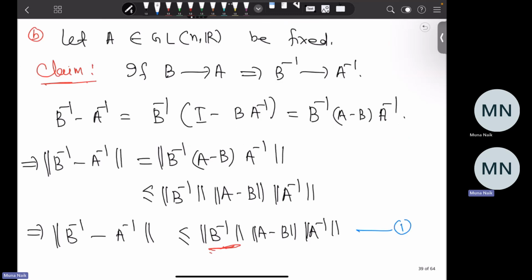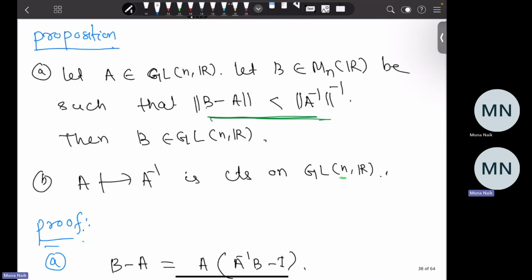In this case, if the norm of A inverse times B minus A is less than 1, then B is invertible. So definitely I have to choose a smaller neighborhood, a smaller radius.